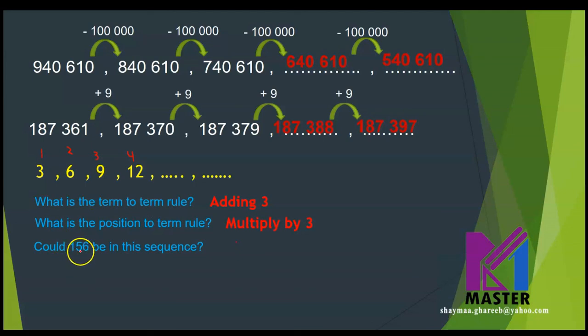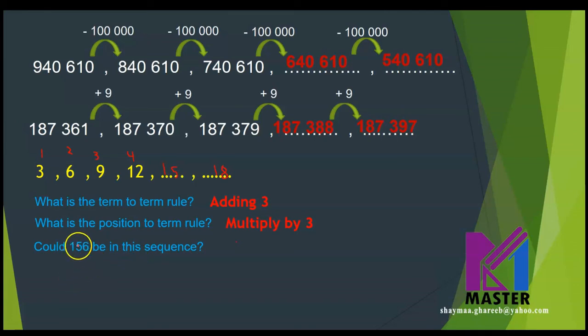Could 156 be in this sequence? Look at this sequence. It shows multiples of 3, right? 3, 6, 9, 12. So the coming one will be 15, then 18. These are the multiples of 3. So I'm going to check, is 156 a multiple of 3? How to check?